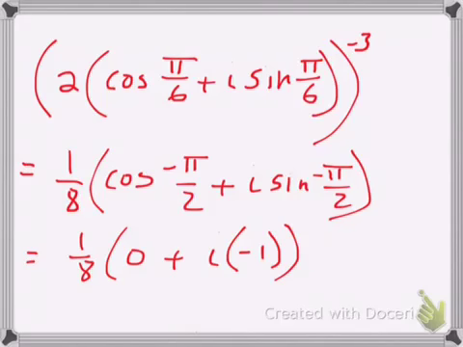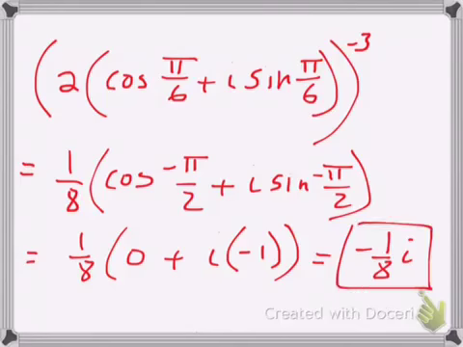So this is equal to 0 minus 1/8 i. So it works for integer powers, positive or negative, and also for rational powers, roots of complex numbers. We could take the 2/3 power, the cube root of it squared. No matter what it is, it works. All right, so that's De Moivre's theorem.